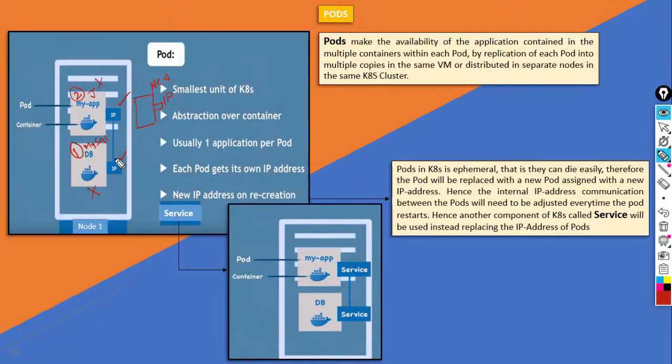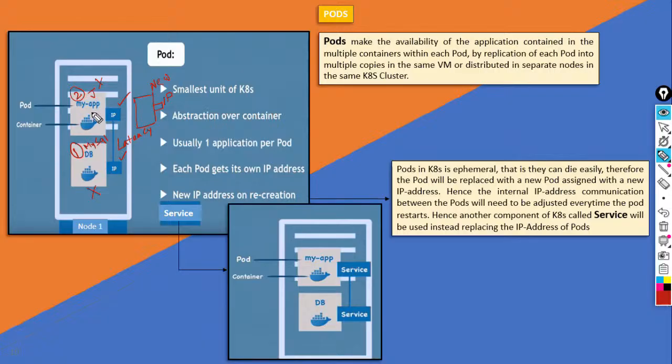The earlier communication was between this IP and this IP, but now a new IP is generated. So again, you have to re-establish the connection between these two pods through the new IP. Yes, it will be done automatically, but there is some latency. And if you are manually maintaining the network on your own as an administrator, then you have to take care of this reconnection. So this phenomenon keeps on happening.